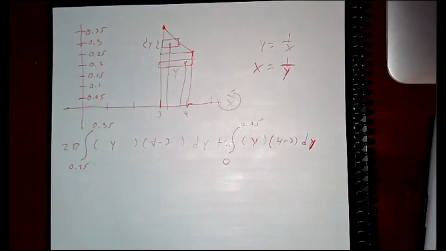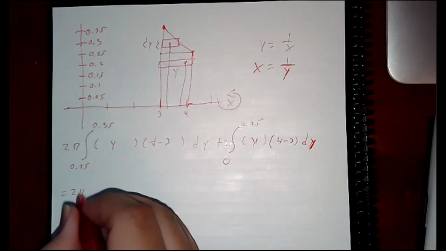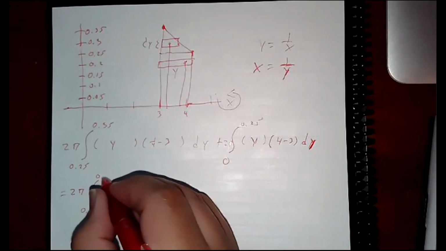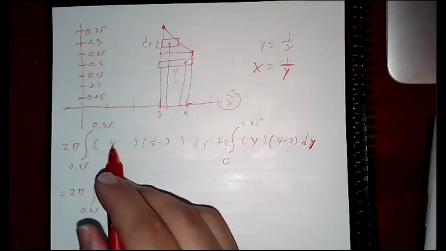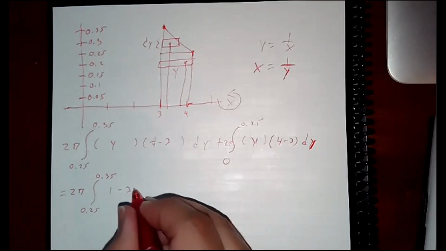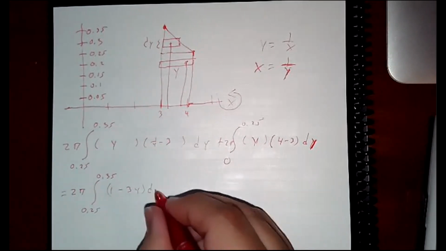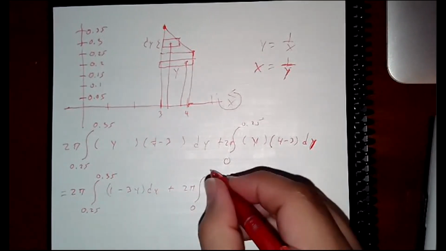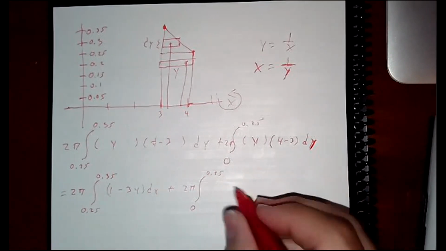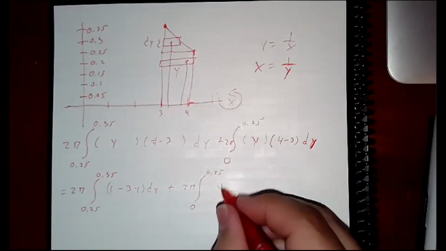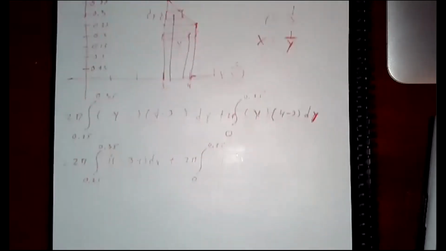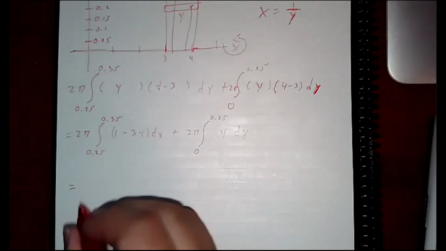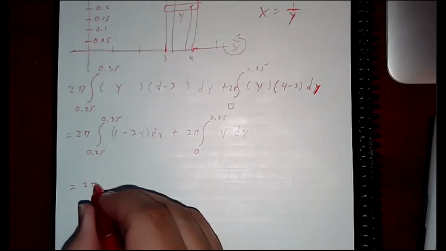So now let's make it pretty, because right now it's all screwed up. 0.25 to 0.35. That would be, multiply that out, 1 minus 3y dy, plus 2 pi times 0 to 0.25, which will be 4 minus 3 is 1, so that's really just y dy. So then integrate this, and we'll put 2 pi way out here, giant brackets.